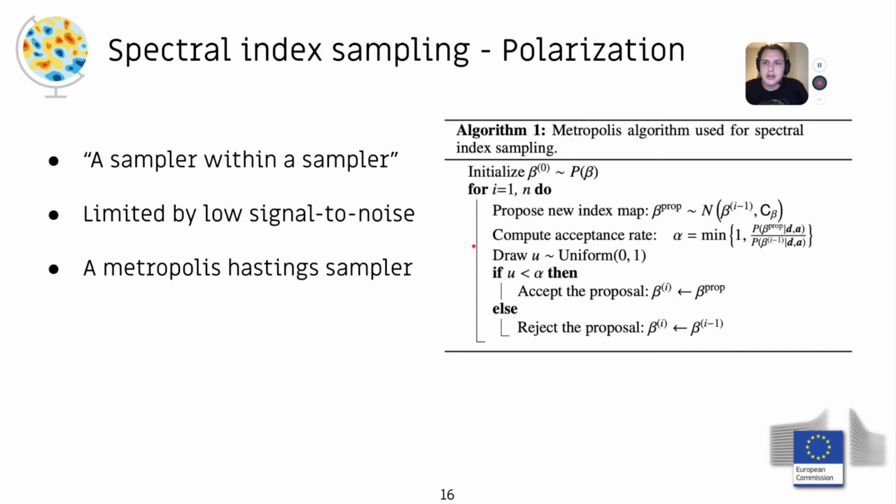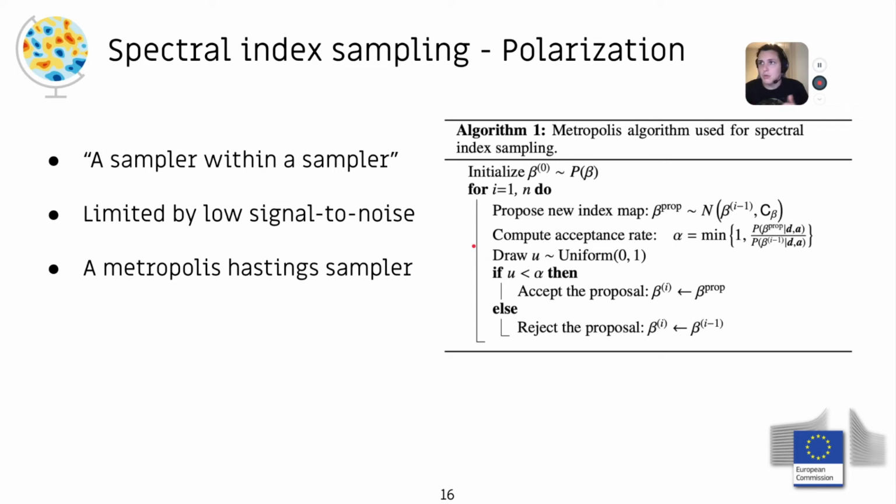So for each Metropolis Hastings sample, we propose a change to that value, and then we calculate the full mixing matrix to translate to our sky, and we calculate the chi-squared using the likelihood. So we calculate our goodness of fit, using the likelihood from our last slide, and we compare it to the previous value, and we check if we reject or accept this new beta value.